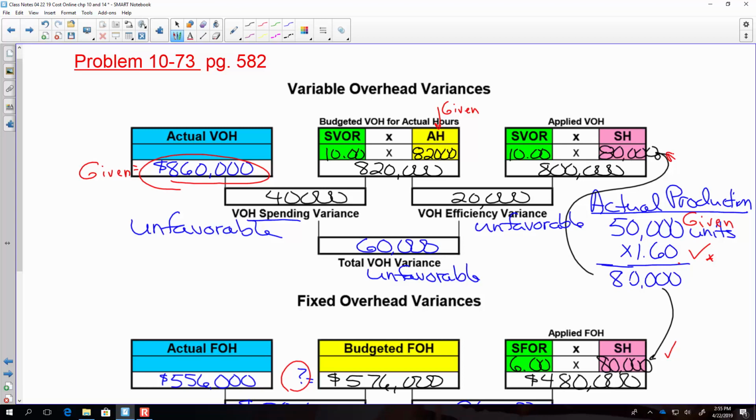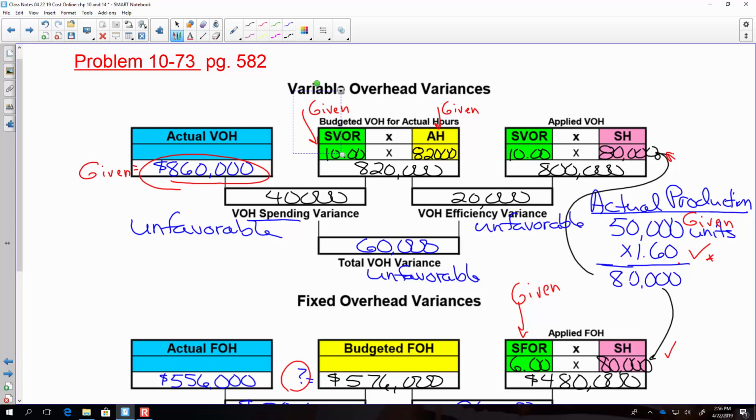And if you look at the standard cost sheets, that's given to us in the problem as well. So just a way of basically locating where this is found in the problem is sometimes a bigger task than actually doing the computation or filling out the template.